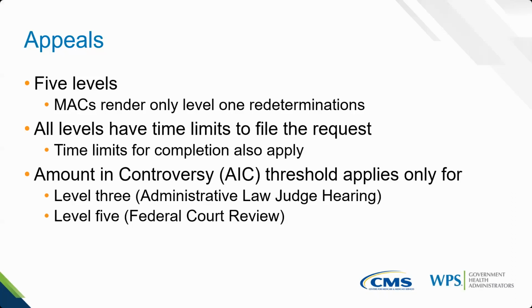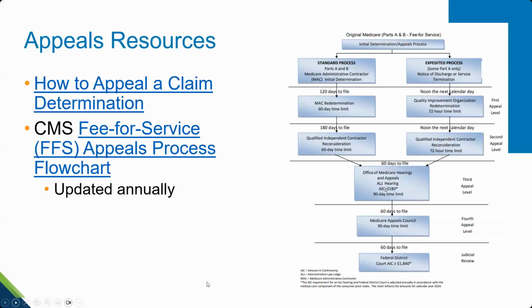You can check out a resource on our website, and I've actually loaded it to the next page. Actually, it's embedded there in your handout, of course. We have information on our website that provides details about who can request an appeal. The beneficiary or their representative may request an appeal for any service that's processed for them.